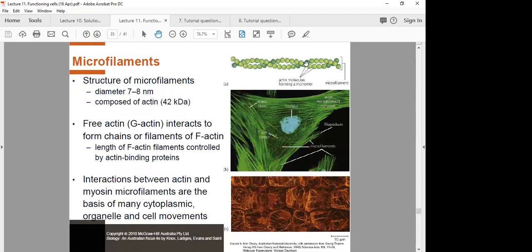And more than one chain will associate with another chain to form a microfilament. Interactions between actin proteins and myosin microfilaments are the basis of many organelle and cell movements.